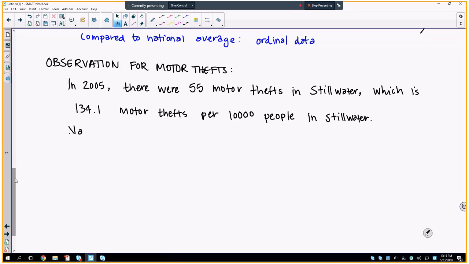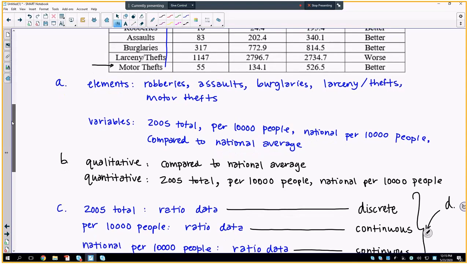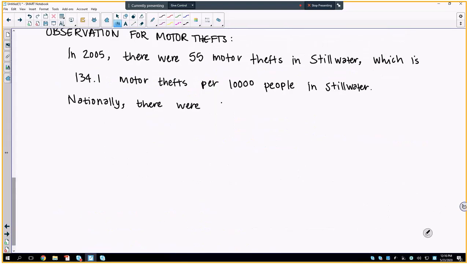Nationally, there were 526.5 motor thefts per 10,000 people.